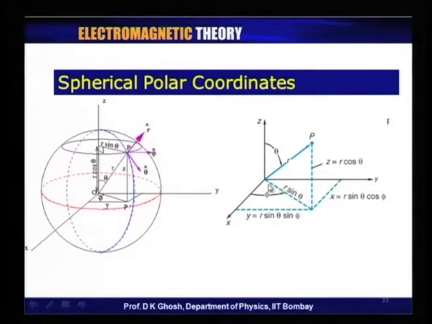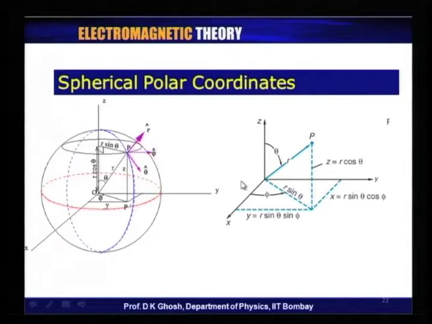So, whatever angle this makes with the x axis, that is called an azimuthal angle. So, I have got r, theta and phi. Notice that this distance here, that is the distance from the origin to the foot of the perpendicular, is r sin theta, and the perpendicular distance from P onto the xy plane is r cos theta, where theta is the angle which OP makes with z.